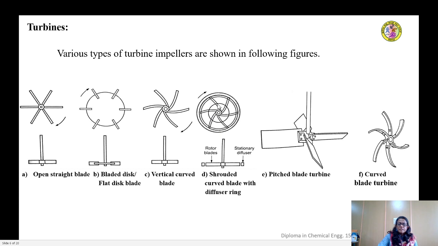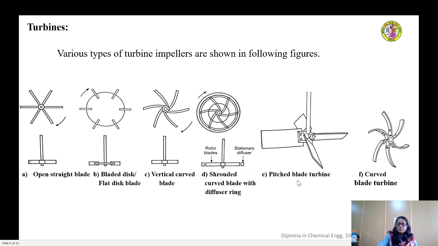But here the turbine blades are shrouded with an outer ring called the diffuser ring. Shrouded curved bladed turbine with a diffuser ring. So this is a diffuser ring attached to the curved bladed turbine.